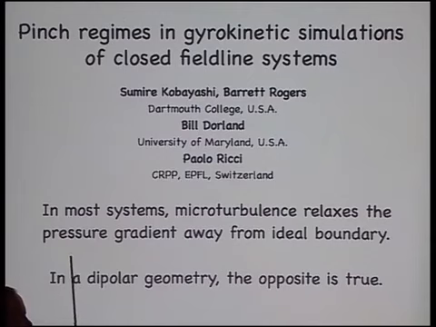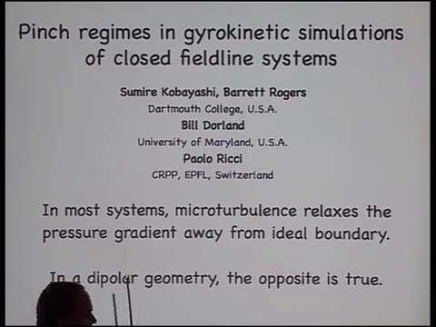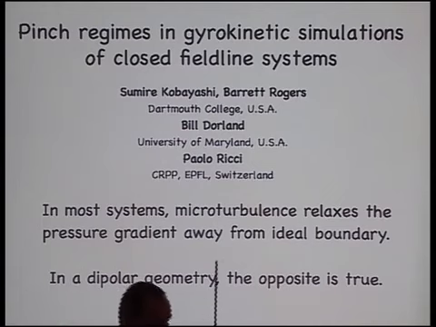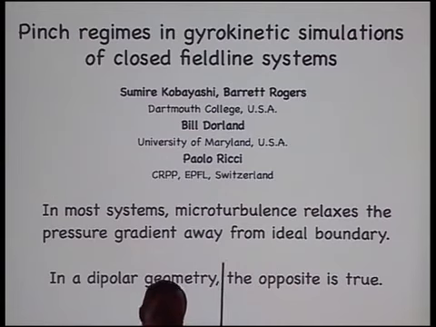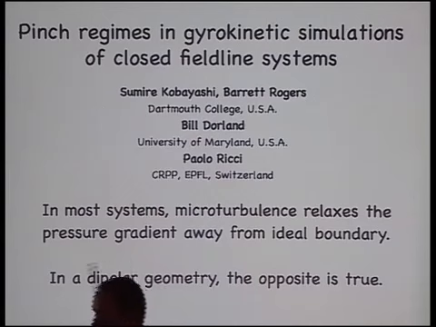It will spontaneously steepen the pressure gradient until it is in the vicinity of the ideal boundary, where it will be pinned by competition between ideal turbulence, which will be driving it away, and non-ideal turbulence, which will be driving it toward. And furthermore, the ratio of the density and temperature profiles are also going to be fixed by the properties of this non-ideal turbulence.